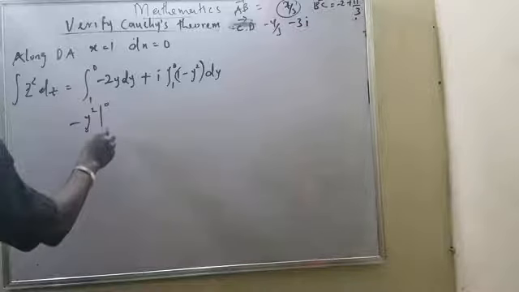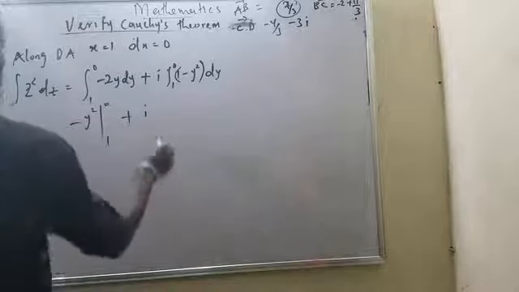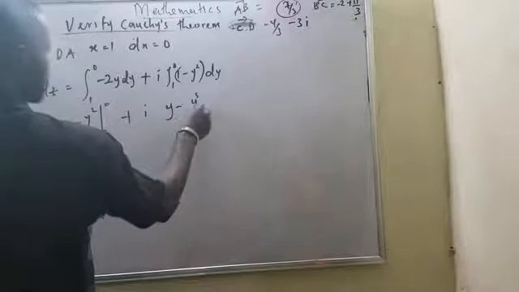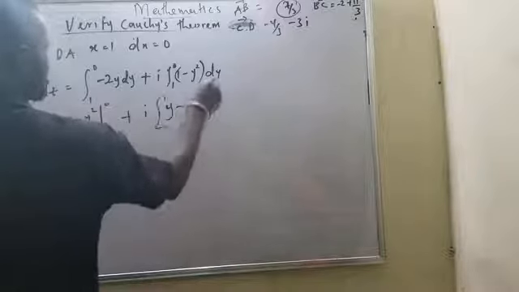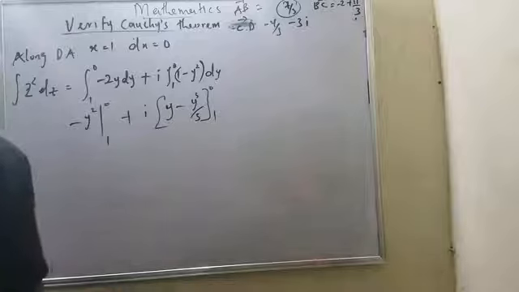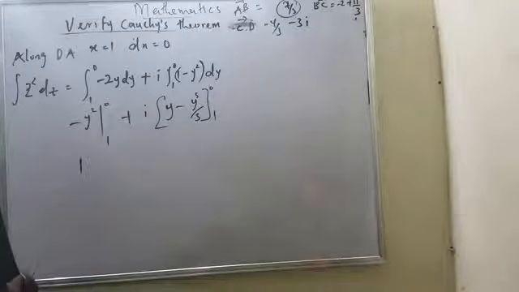run from 0 to 1, plus i of y minus y cubed all by 3, which is from 0 to 1. And note that 0 is always 0, and this one will be 1 minus 1.